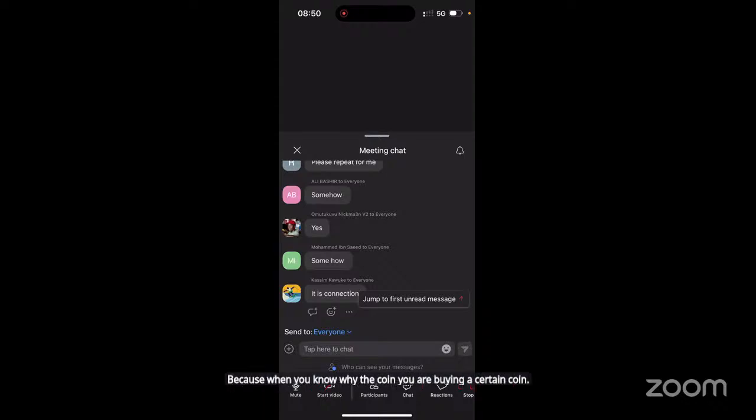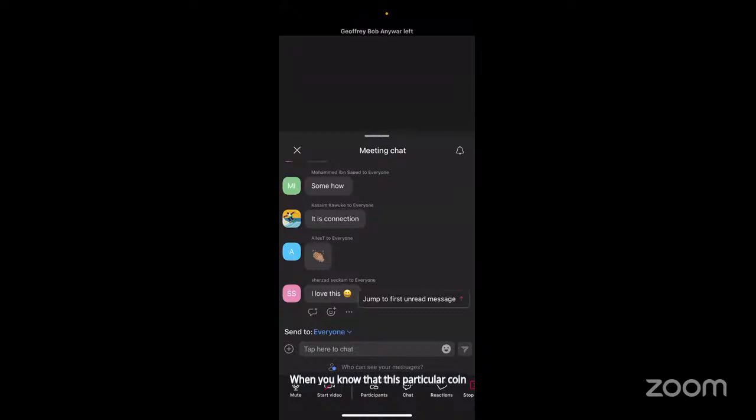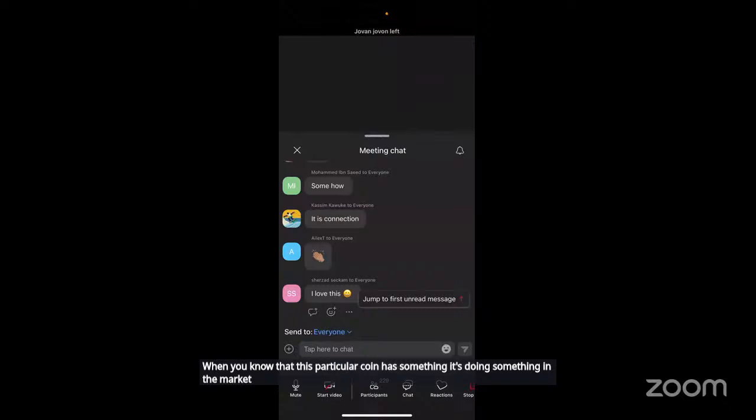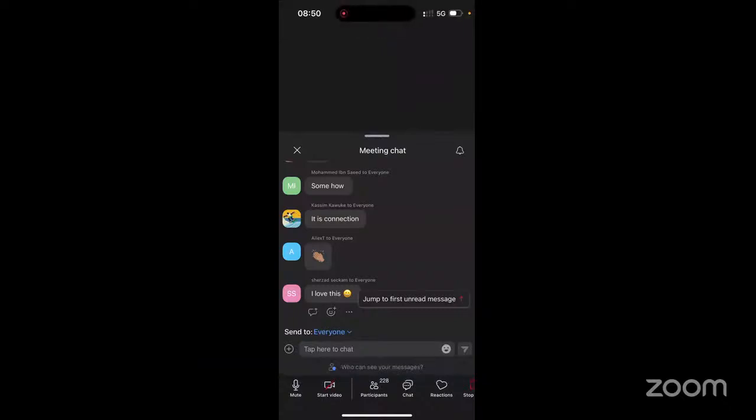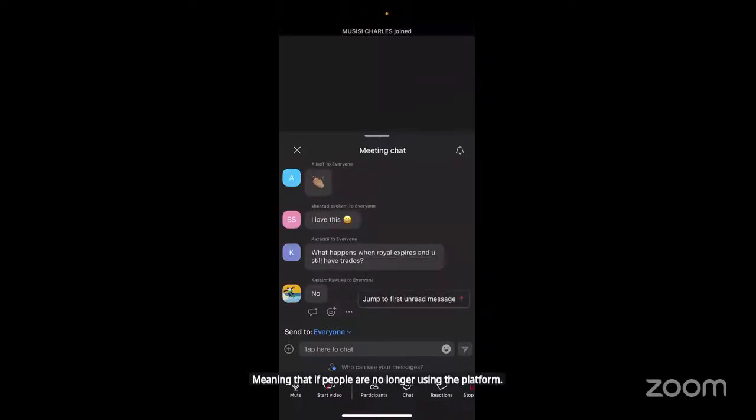This is where the question comes in. Will you get worried when you know that this particular coin has something it's doing in the market? Will you get worried? Meaning that if people are no longer using the platform, the market will go down.